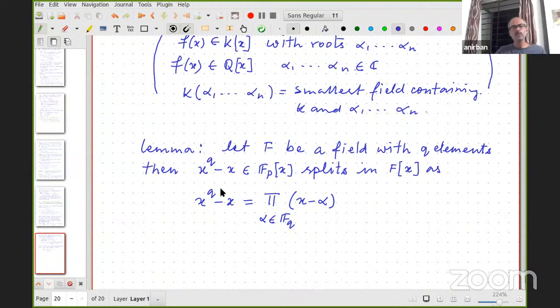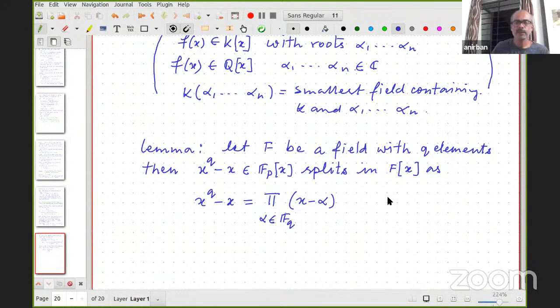So this is a particular polynomial over F_p, and if we are given a field with q elements, this is always with the assumption that p is the characteristic.